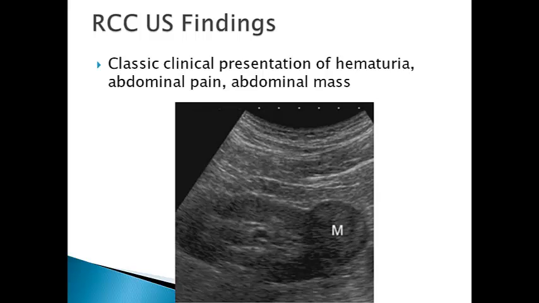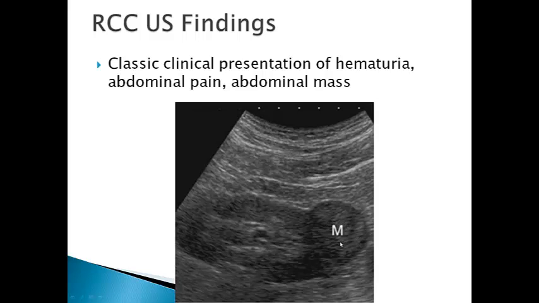But it is important to know that is the traditional appearance. On ultrasound, what you'll see here is the renal parenchyma, and you can see a mass attached to the renal parenchyma, suitably noted by an M. This is the renal cell carcinoma, and what you see is a hypoechoic mass. Generally, it's smaller.